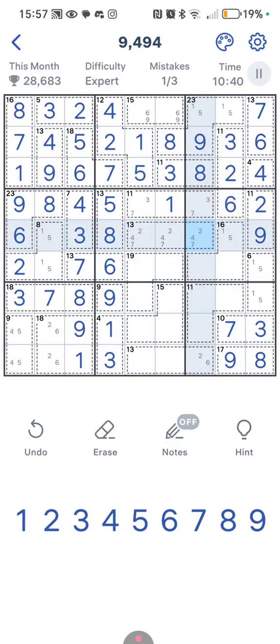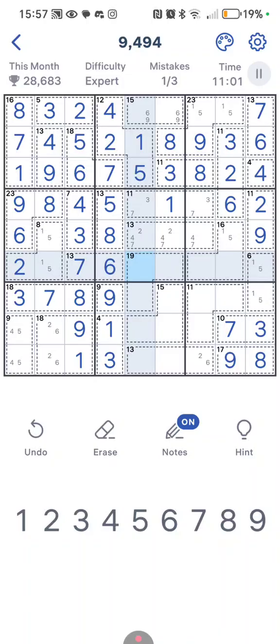That can't be 2, can it? Didn't notice that. This is why I personally need to scan. 3, 3, 3, 3. So that's 3. That makes it 7 and 9.